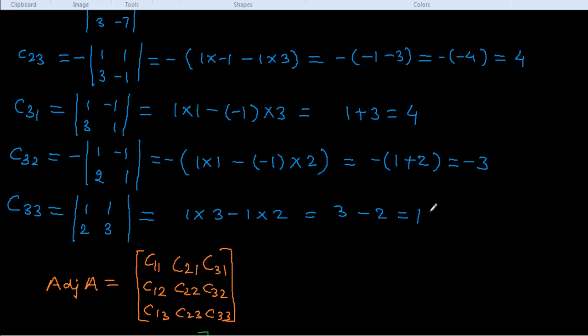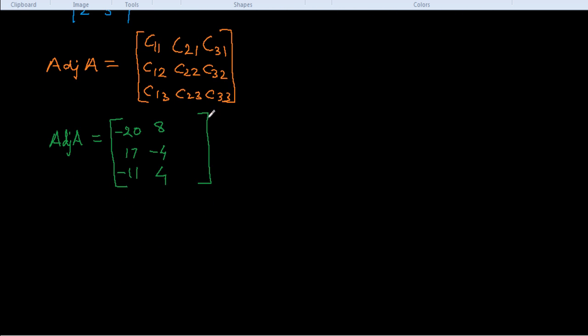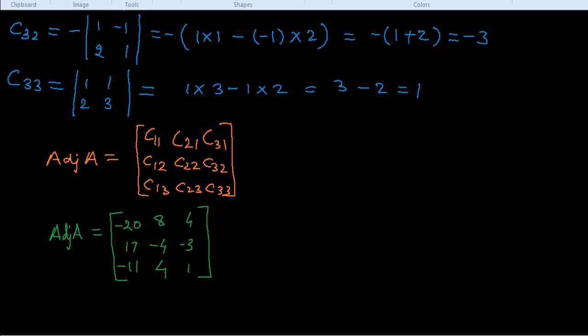4 minus 3, 1. Now we have to find out the adjoint A. Now we will find out the determinant of A, which is A11 C11 plus A12 C12 plus A13 C13.